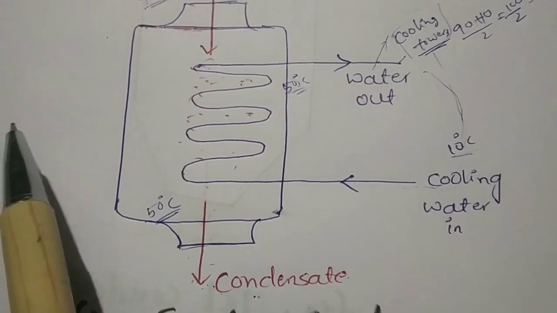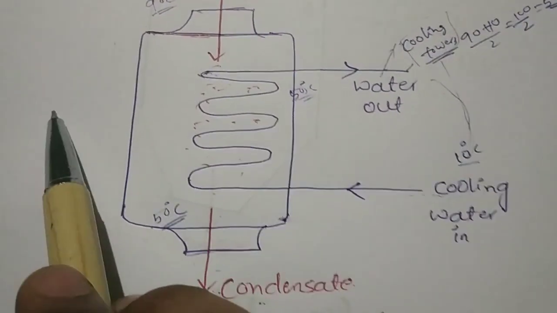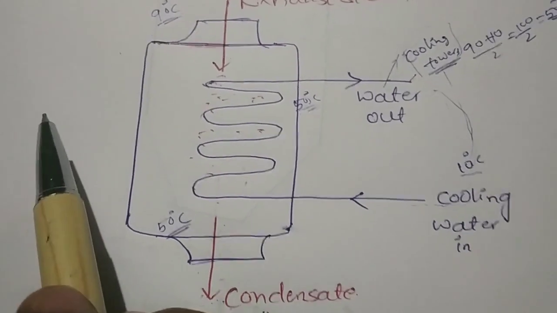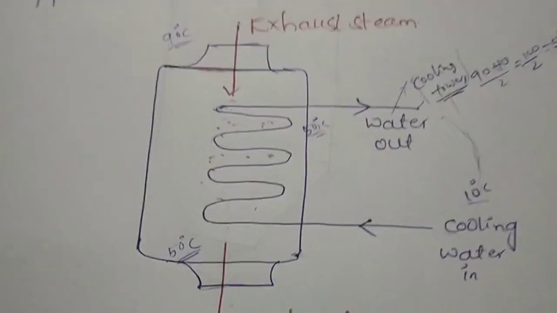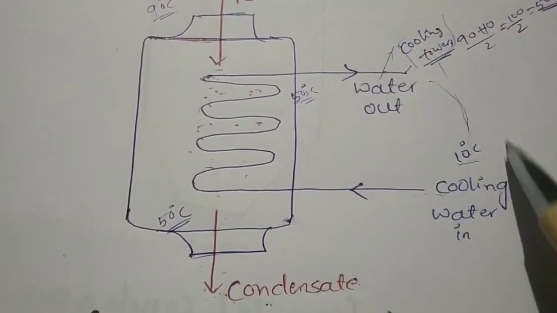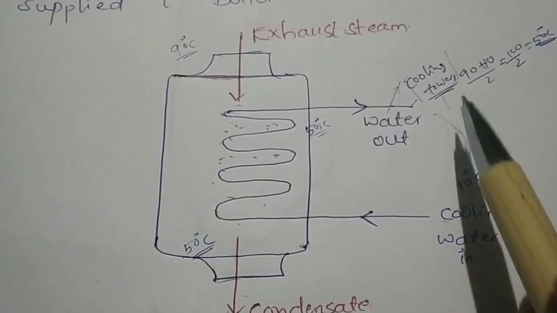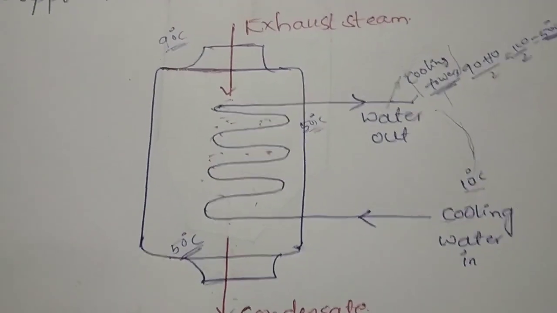Again the boiler will convert that water into water vapor or steam, and that will be sent to the turbine for expansion. In this way the water will be continuously circulated, the exhaust stream is coming and the condensate is forming. In this way the surface condenser works.